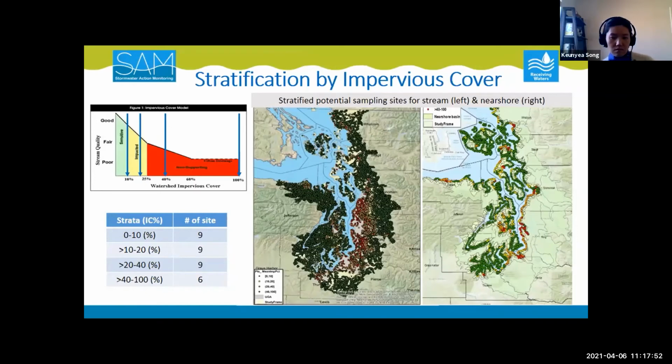So selecting a certain number of sites per strata, like what you can see in this table, will force the study to include the area from every category, making the study represent a broad range of urban gradient of the region.